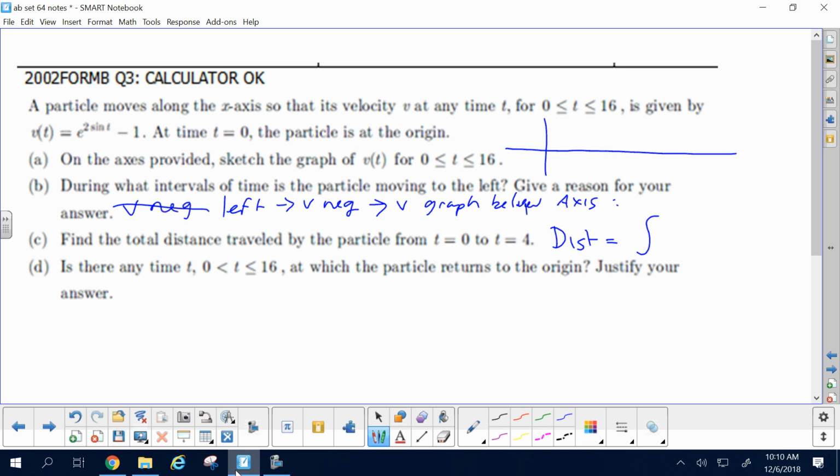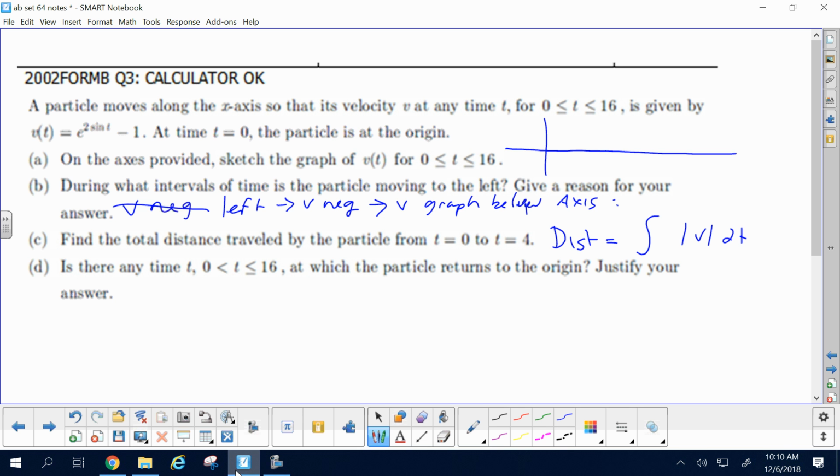If you want to know how far you went and not talk about direction, then you need to remove direction. If you remove direction from velocity, you remove its sign, and you have to use absolute value. So if they want distance, it involves integrating the absolute value of v. What do you call the absolute value of velocity?